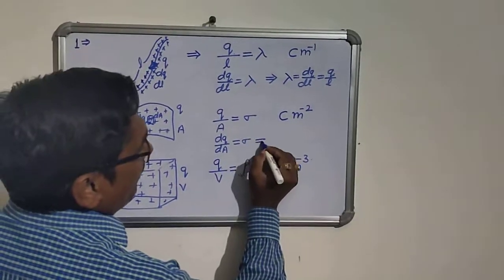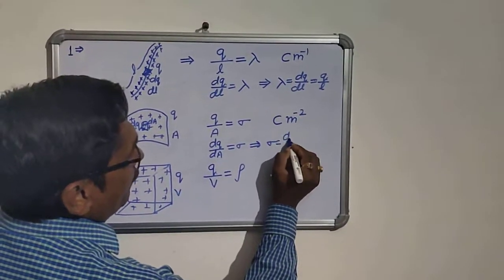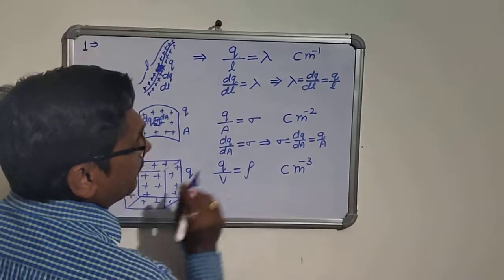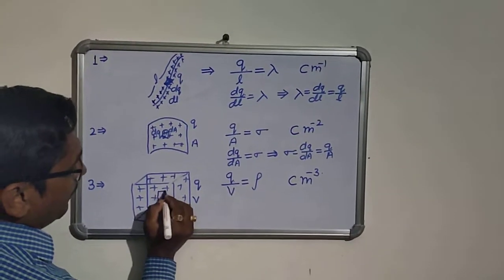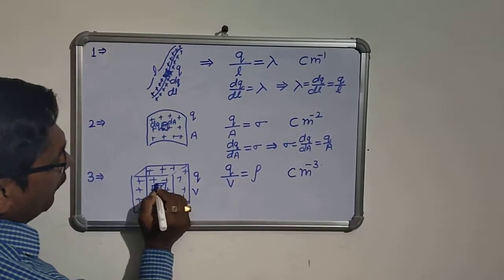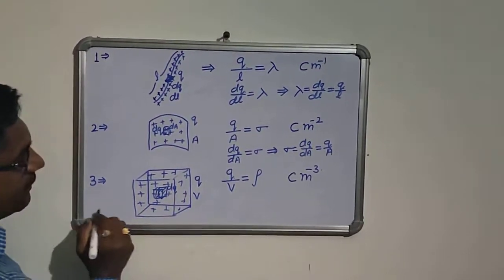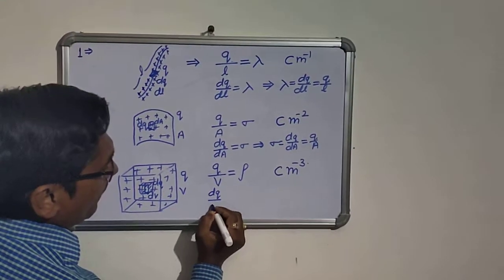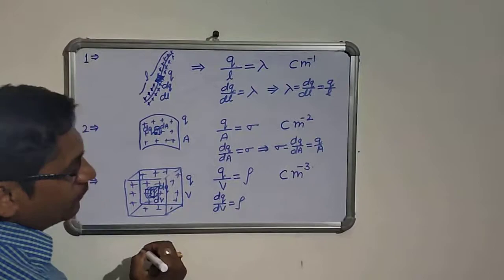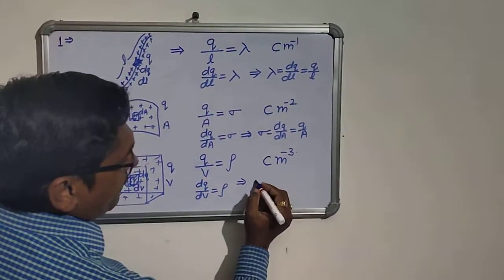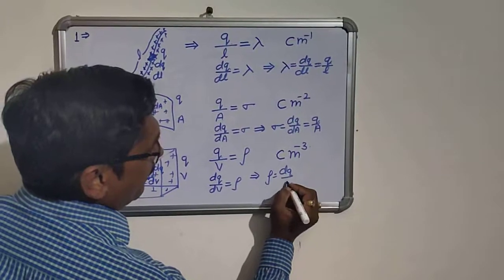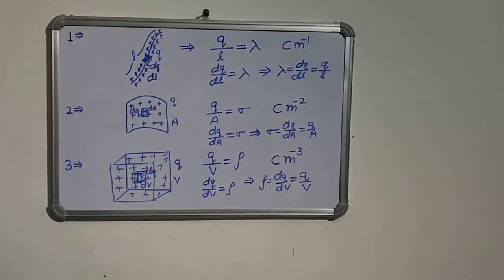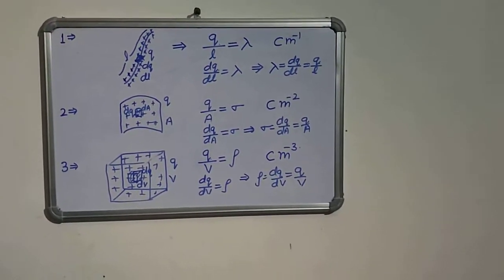So sigma is equal to dq by dA or q by A. And just like this, for a small segment of volumetric distribution, the charge on this small segment is dq and its volume is dv, so it is represented by dq by dv equals rho. For uniform distribution, it is represented by dq by dv or q by v. Okay, this is the mathematical expression of distribution of charge.